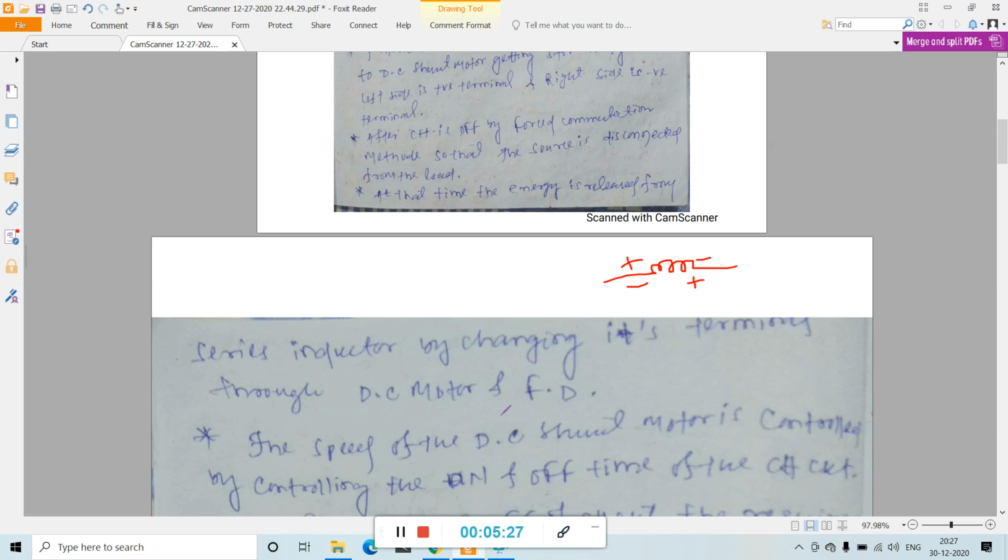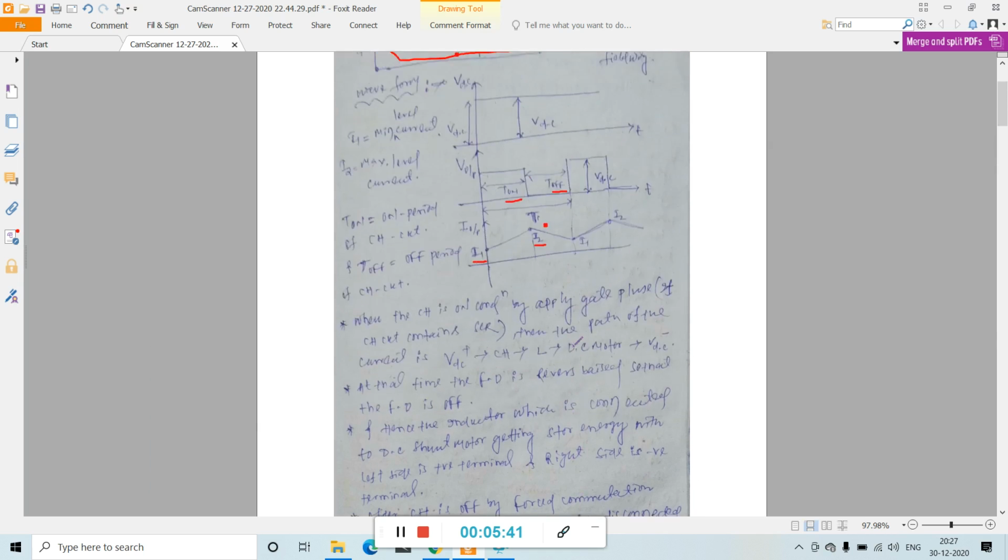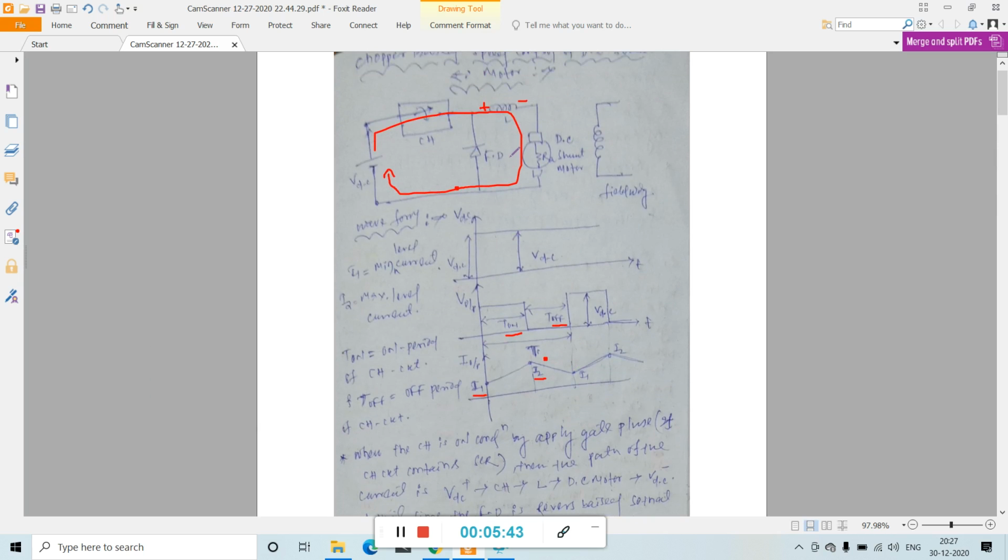So when the chopper is off, the inductor releases energy by changing its terminals, through the DC motor and free wheel diode. Now the free wheel diode is forward biased, so the current will flow like this. Clearly understood?